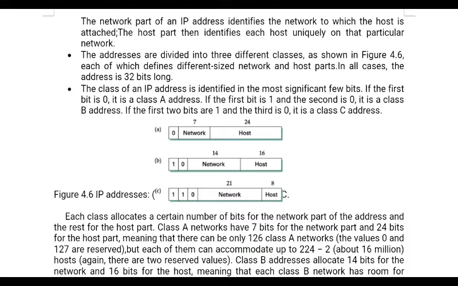So in this example, the University of Cambridge's first address is 194.24.0.0, and the last address assigned to Cambridge University is 194.24.7.255. Is it clear? The prefix assigned to Cambridge University is 194.24.0.0.